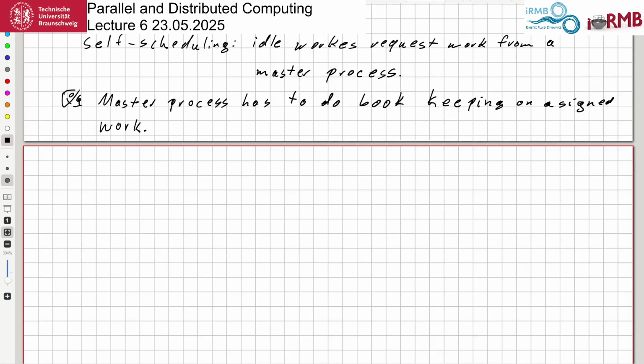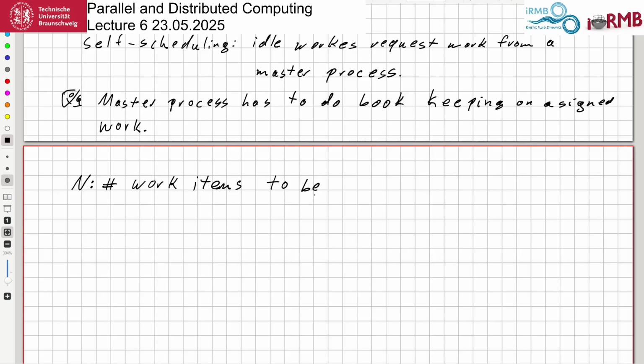So let us try to understand this. What we do a lot when we try to optimize our work is performance modeling. And for this we'll have to write some equations.